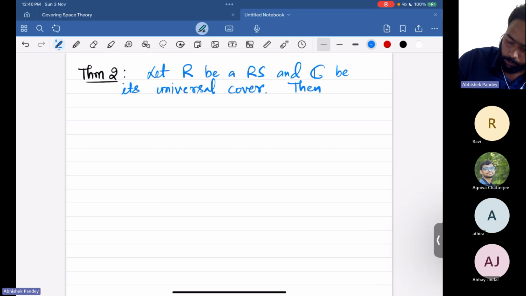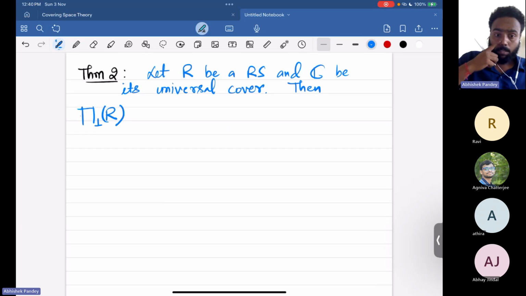Then this is the fundamental group of this space, sorry, this Riemann surface R. I will talk about this one later.